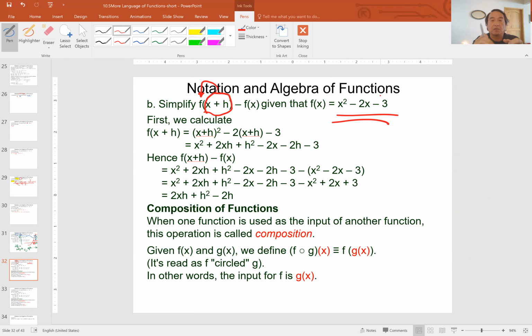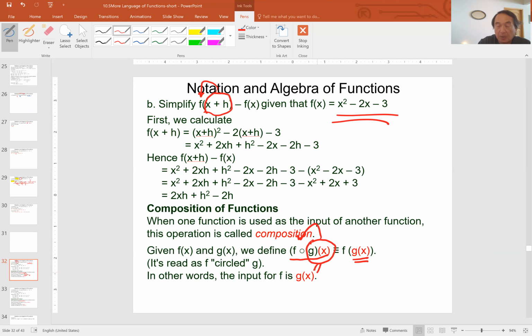In the language of composition, f composed with g, f circle g, means take g of x, whatever the formula for g of x is, and use that as input into f. So the input for f is g of x.